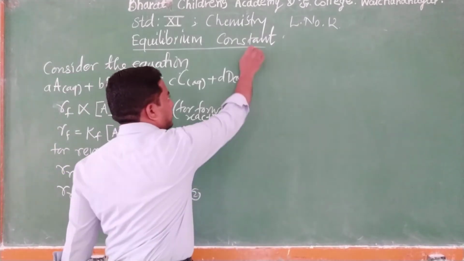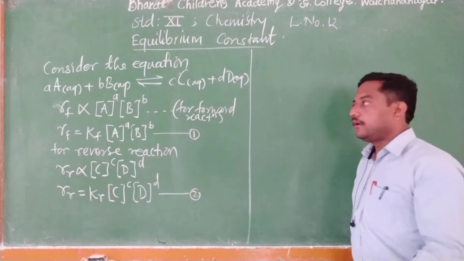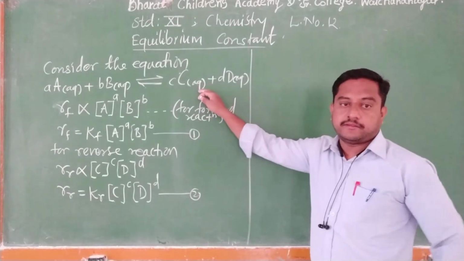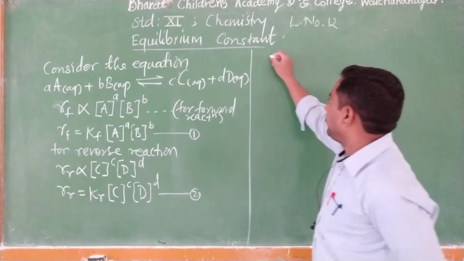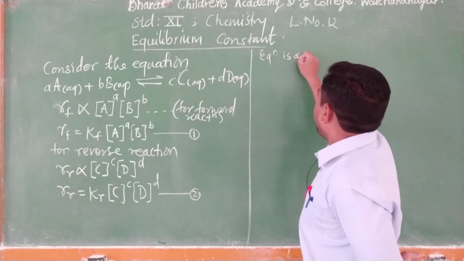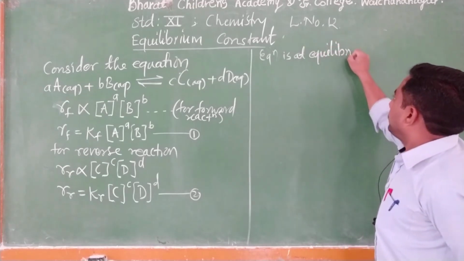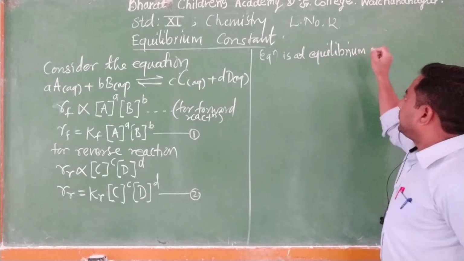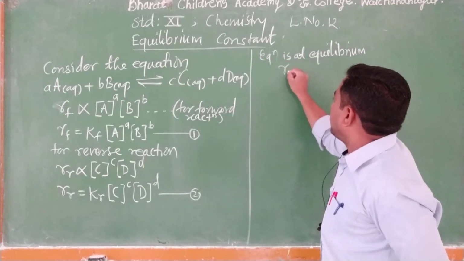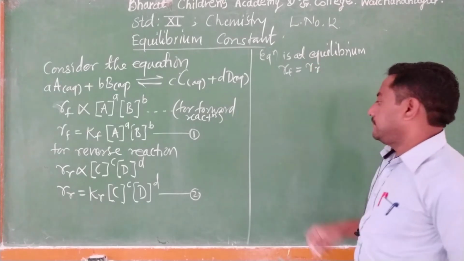Now this will be your equation 2. Now let us go for the comparing. If the given equation is at equilibrium, that means your Rf is equal to Rr, right?